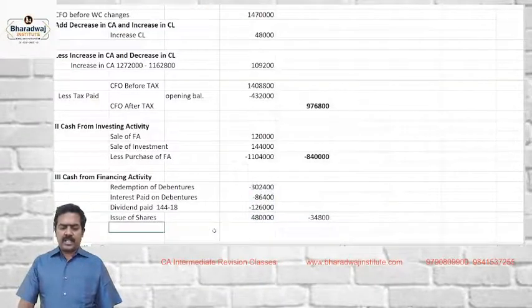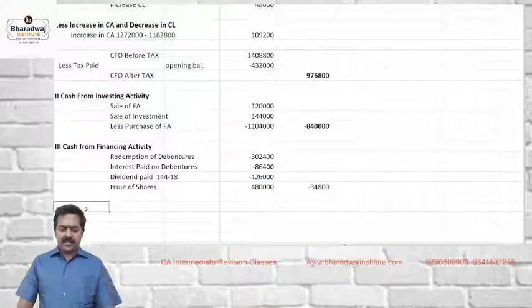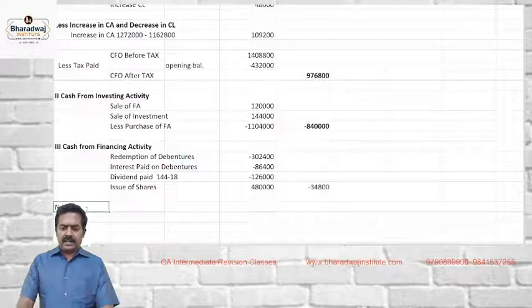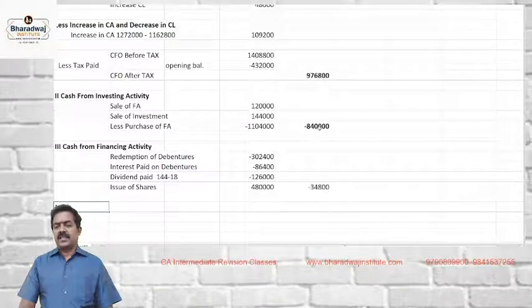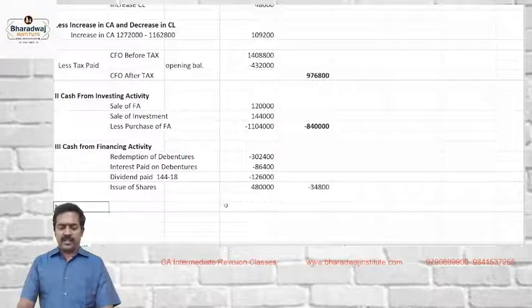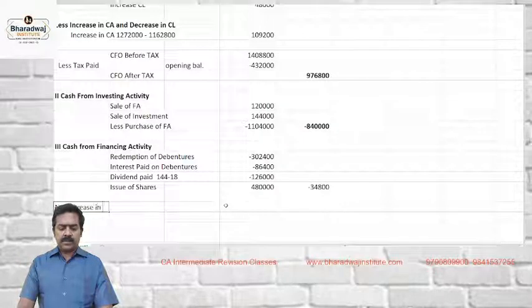This will give us cash from which activity? Financing activity. Net increase or decrease? 976,800, 8,40,000, 34,800. Net increase in cash and cash equivalents.